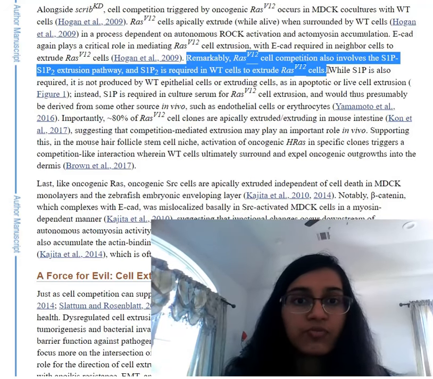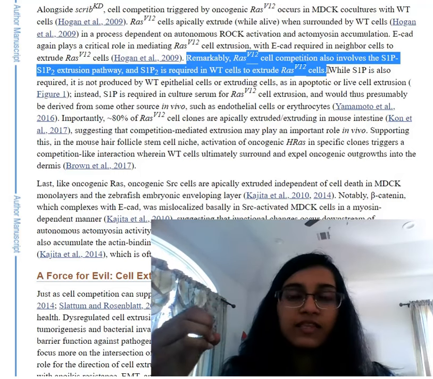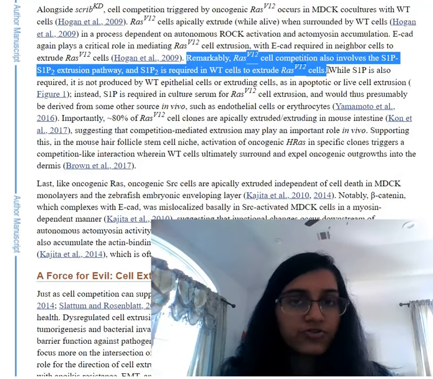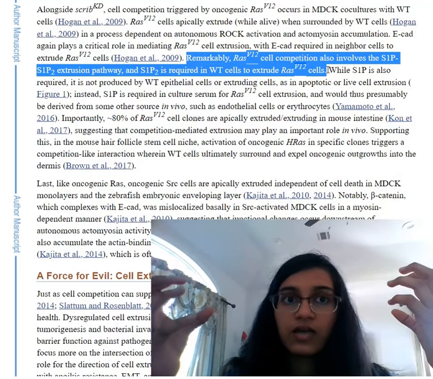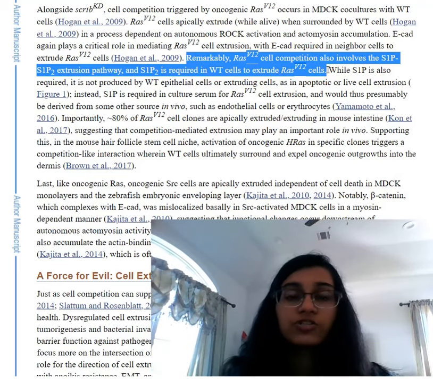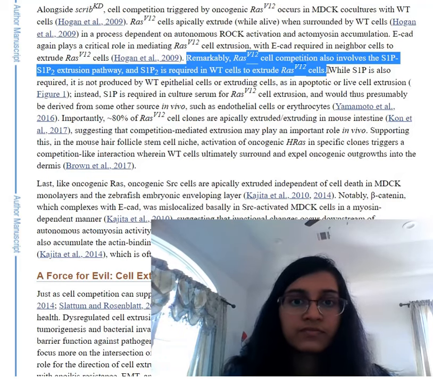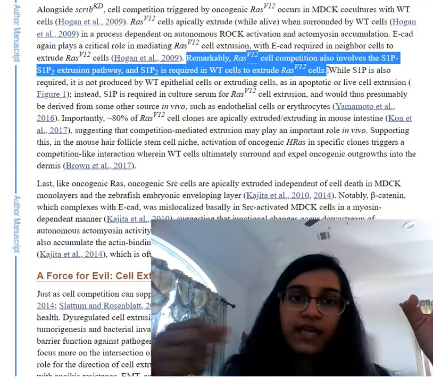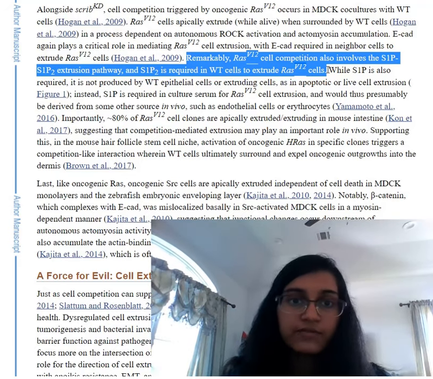Essentially, there's a link here between oncogenic RAS and the pathway that we saw before for cell extrusion, where S1P bound to S1P2. The thing is, the S1P2 receptor is actually on the neighboring cell, not on the aberrant cell itself. So you need the wild-type cell next to the aberrant cell in order to actually cause the cell extrusion.